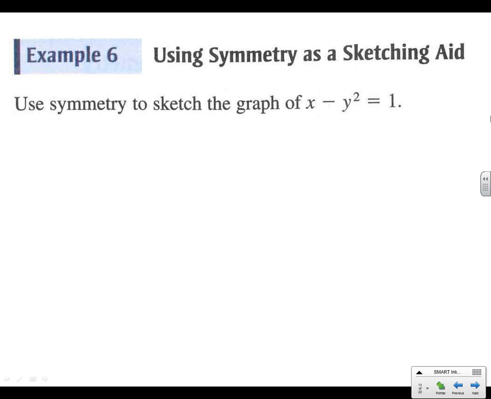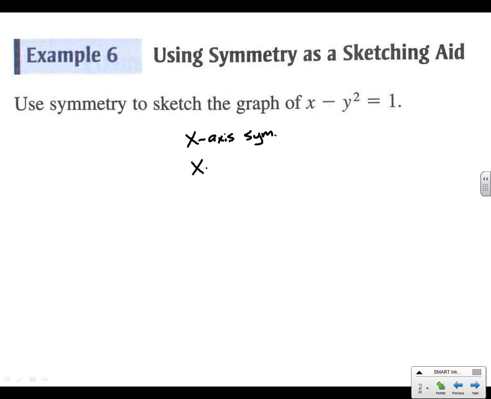All right, so sometimes symmetry can be helpful to sketch out our graphs. So in this one, x minus y squared equals 1. I'm looking at this, and I know that I'm going to have x-axis symmetry because the y is going to get squared.